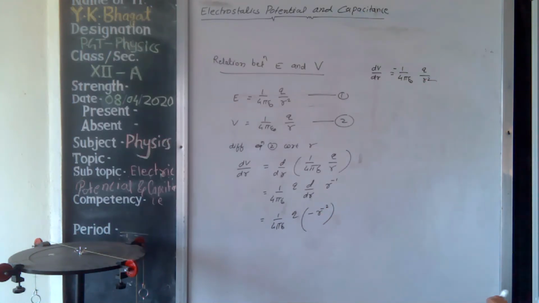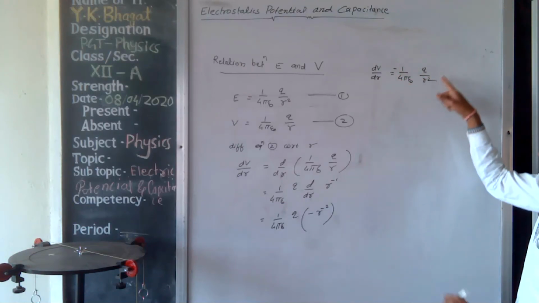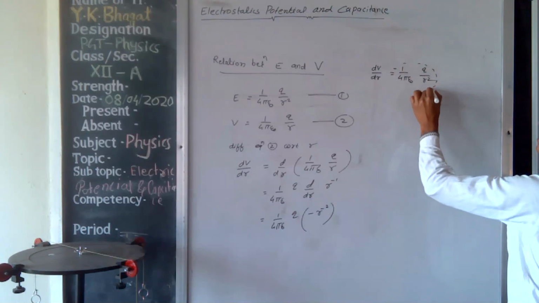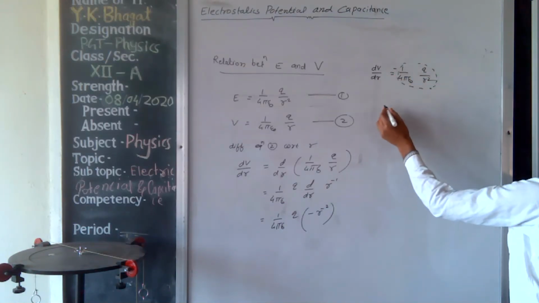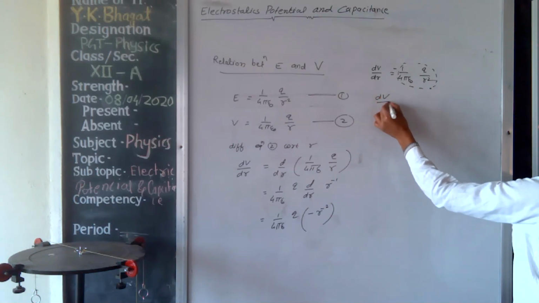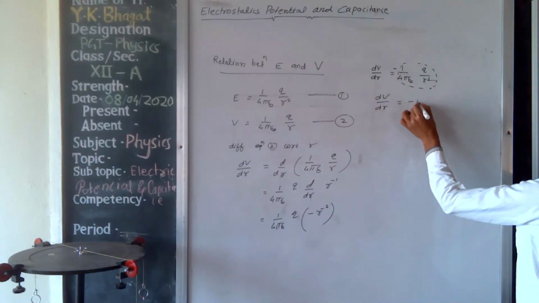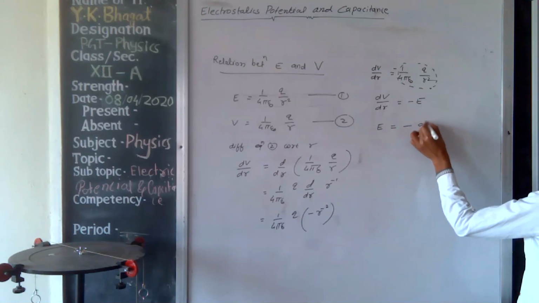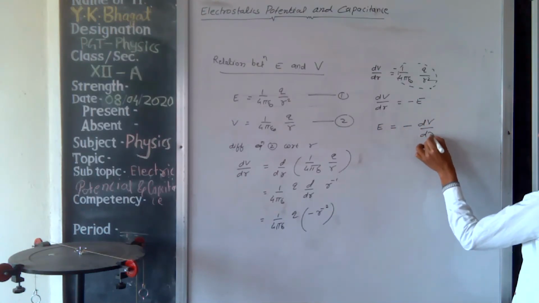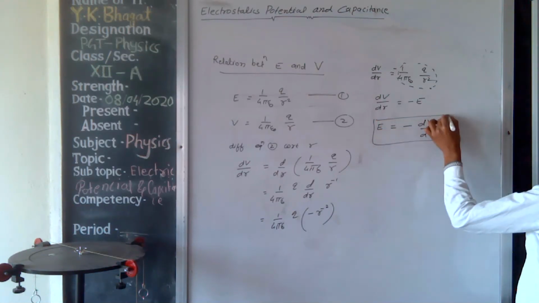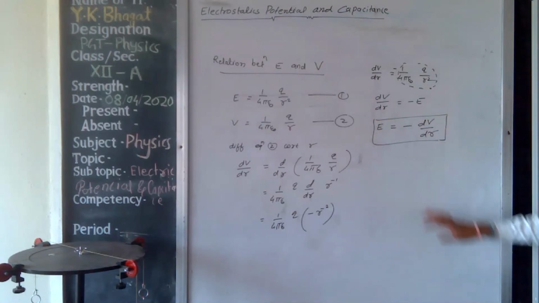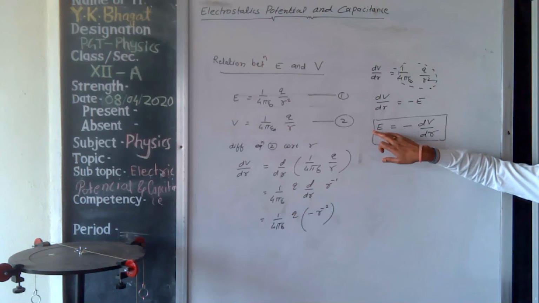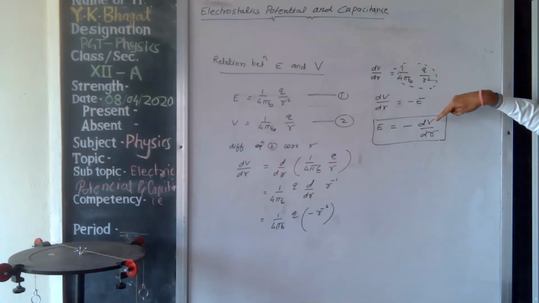And by equation 1, we know that the value of this is E. That means dV upon dr equals minus E. Or in other words, we can say E equals minus dV by dr. That means electric intensity is the negative gradient of electric potential.